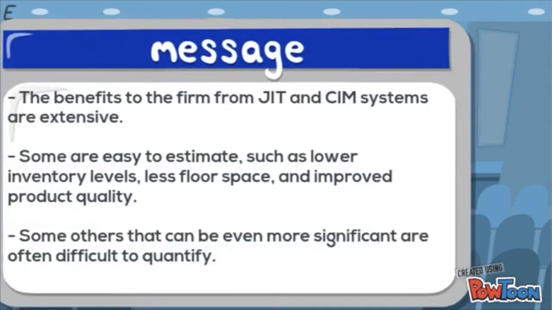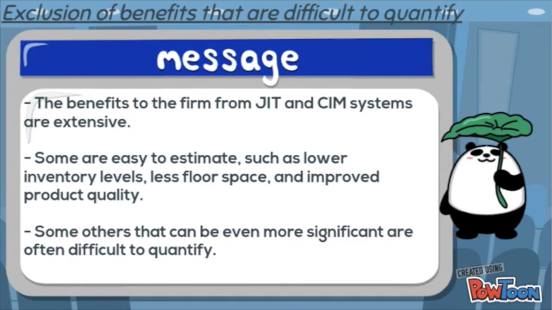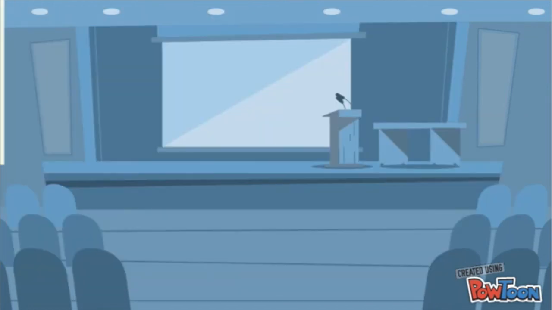Exclusion of benefits that are difficult to quantify. The benefits to the firm from JIT and CIM systems are extensive. Some are easy to estimate, such as lower inventory levels, less floor space, and improved product quality. Others that can be even more significant are often difficult to quantify.